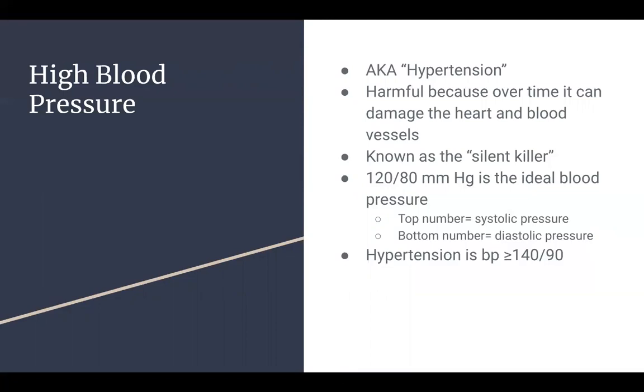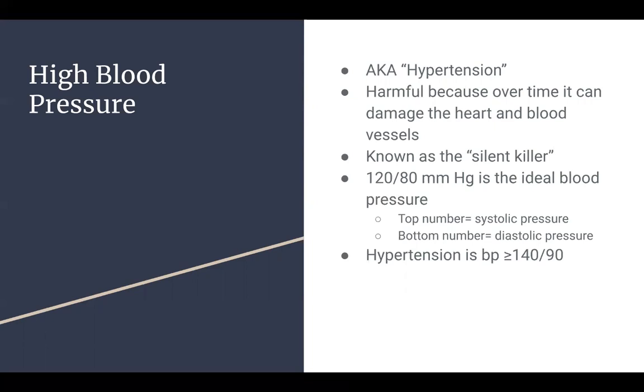When we talk about blood pressure, we're talking about the force with which blood pushes against the arterial walls or against our blood vessels. This can be harmful because over time, if there's too much pressure, it's going to cause damage to the heart and to the blood vessels.